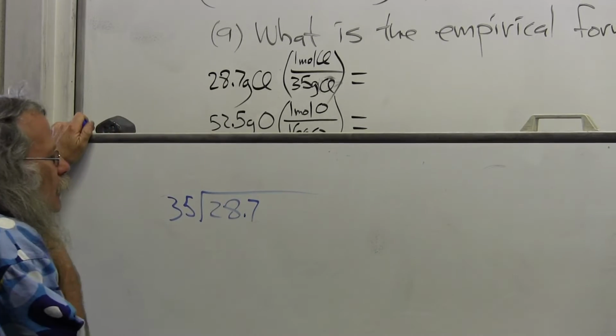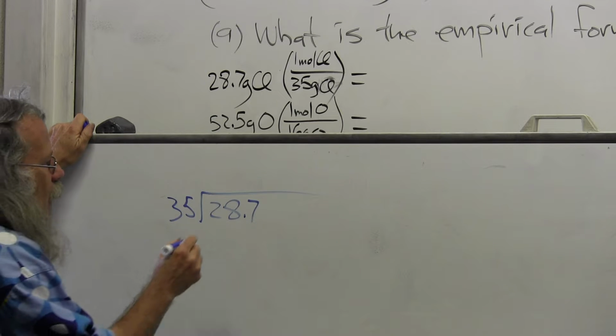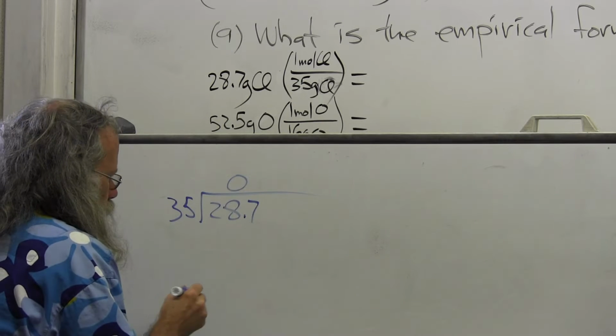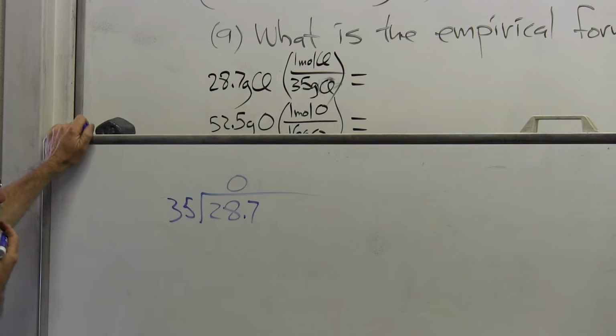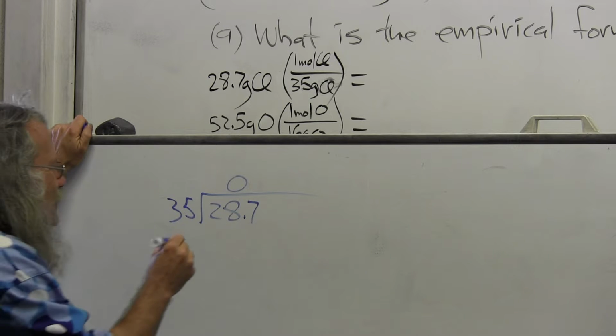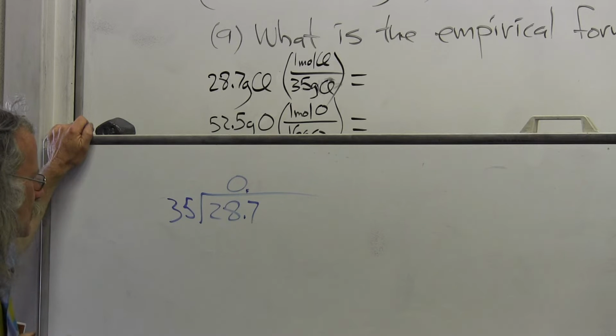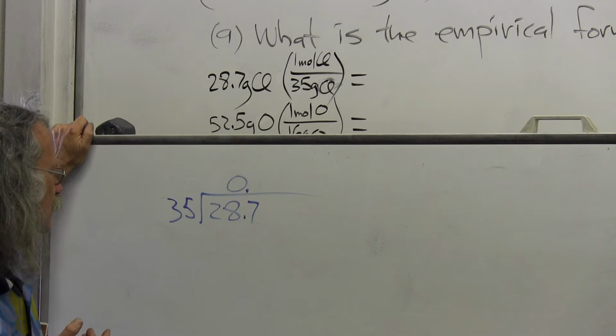0.7. Okay, now this is going to be a 0. And then 35 is going to go into 280. Well, okay, 35, 280. I guess it's going to be somewhere around, well, 10 is 350.